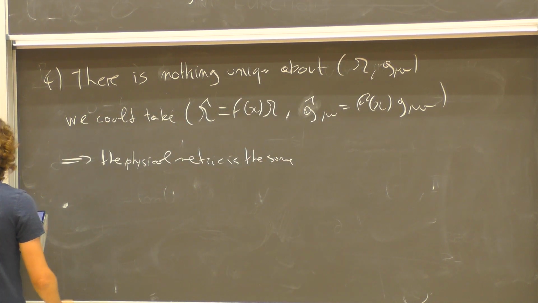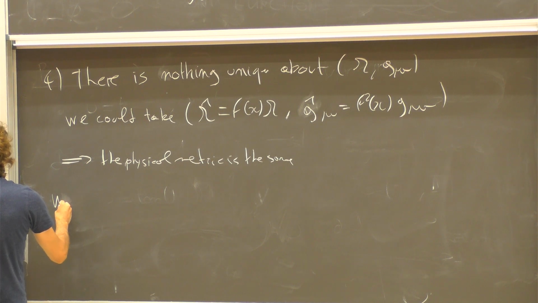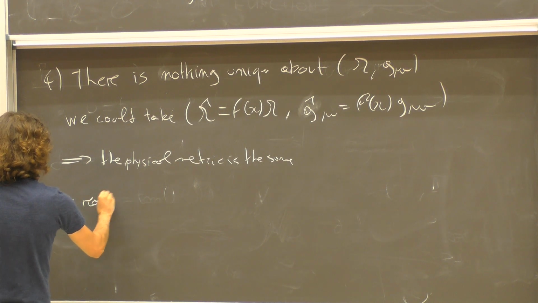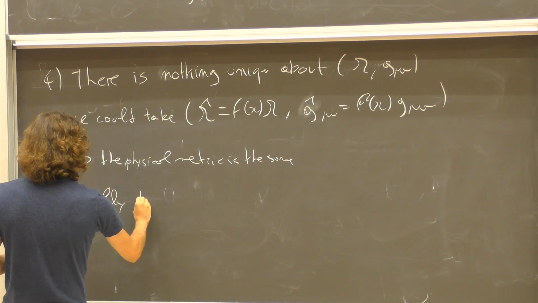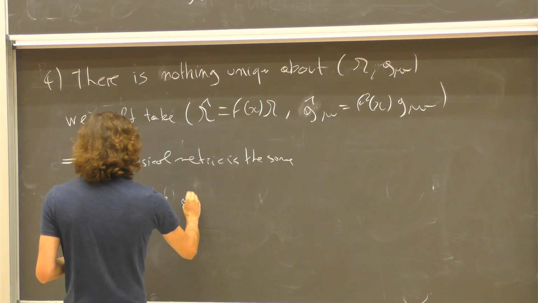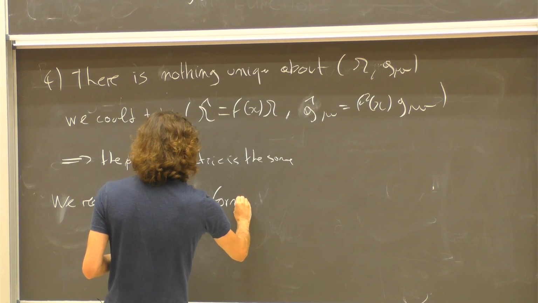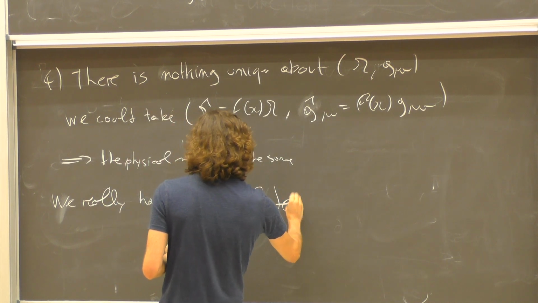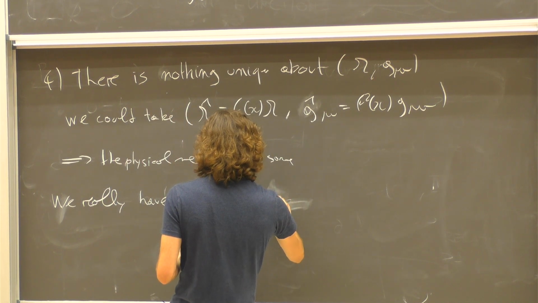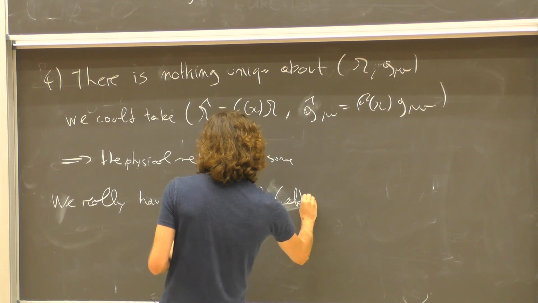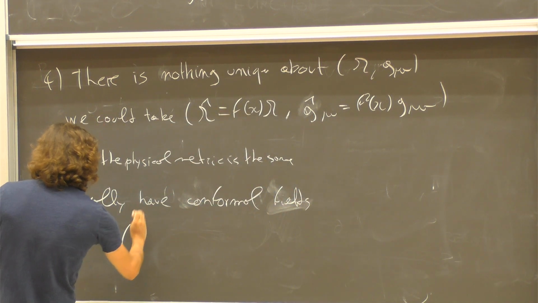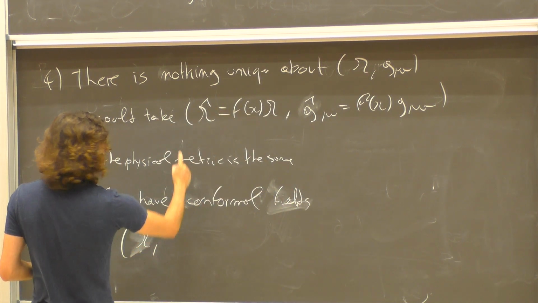So really what we have are conformal fields or conformal densities. So omega, g mu nu, this equivalence class, right?